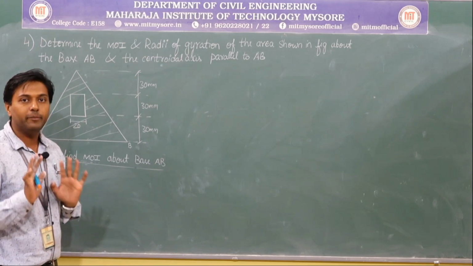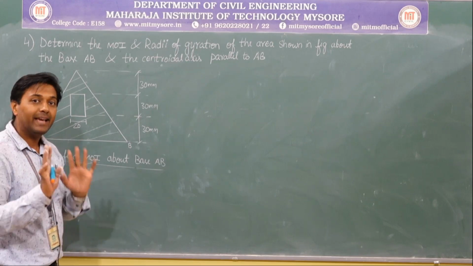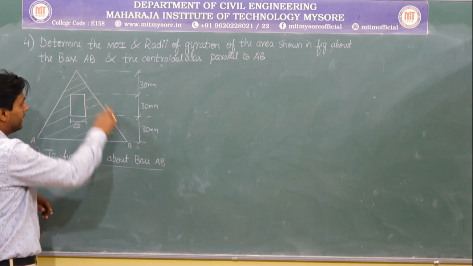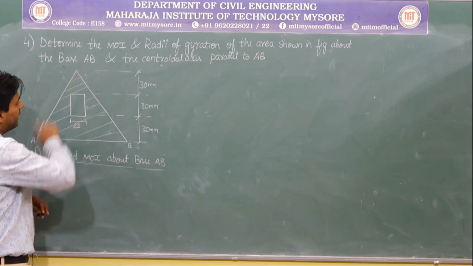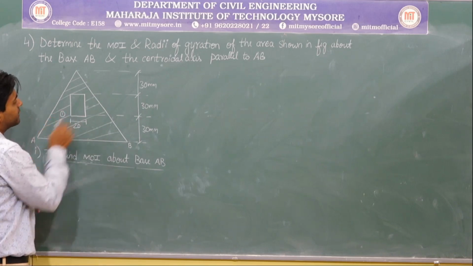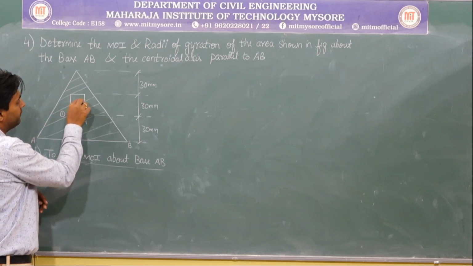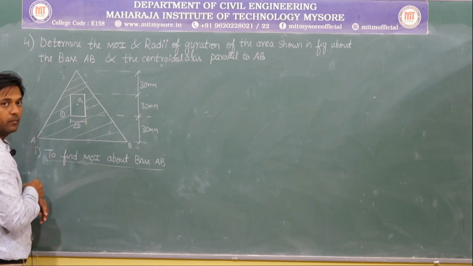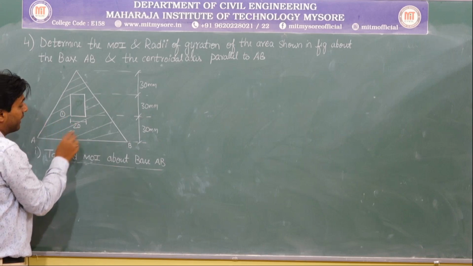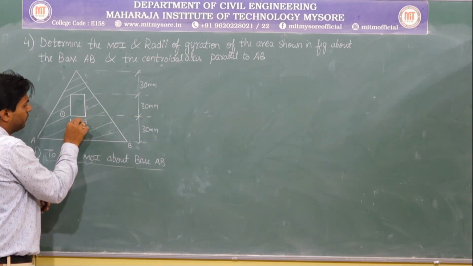First, I will be calculating the area of the different portions. Observe here, this entire triangle, I will be considering it as 1, and its centroid lies exactly at the center, that is G1. Next, the centroid of this particular triangle will lie somewhere over here.